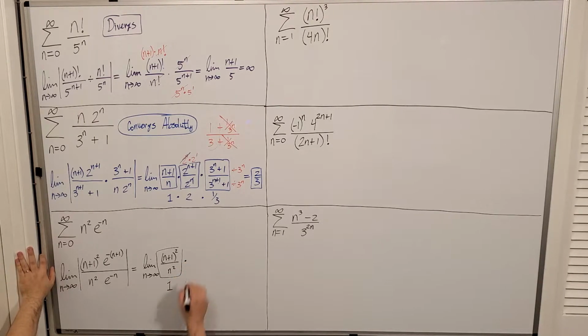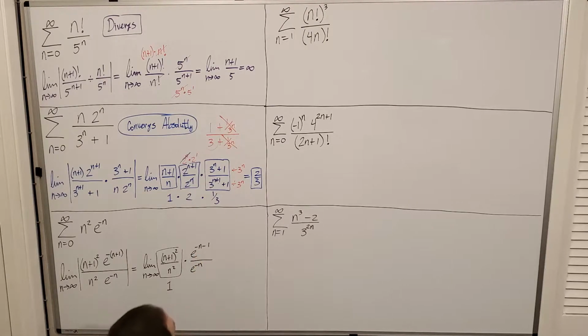Times, I have e to the negative n minus 1, and then over e to the negative n. Okay? So right here, what I really want to say is that this is the limit as n goes to infinity of e to the negative n times e to the negative 1 over e to the negative n.